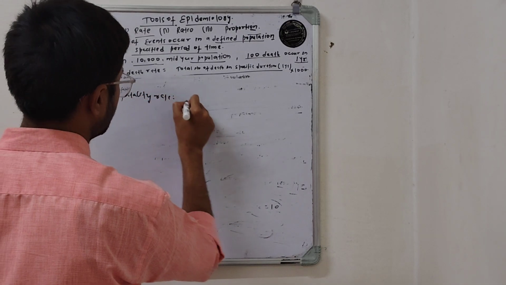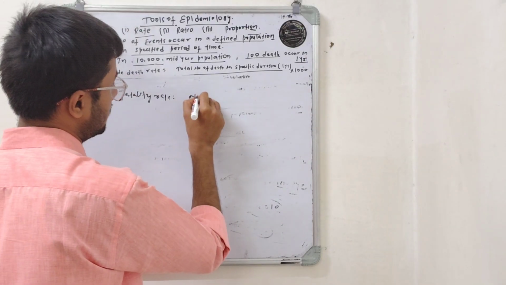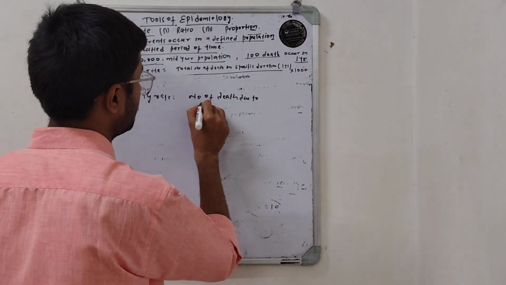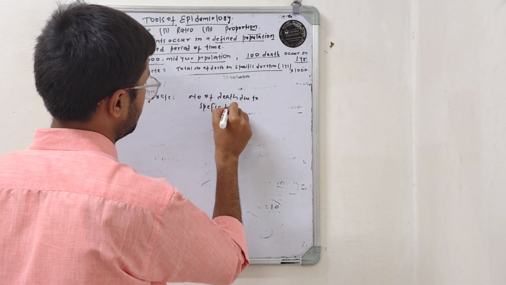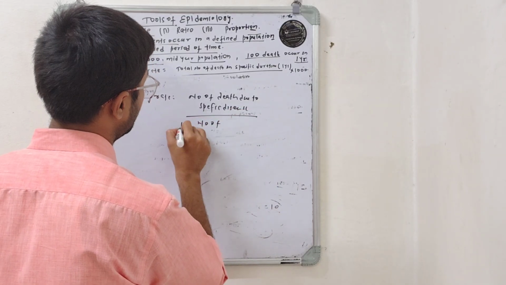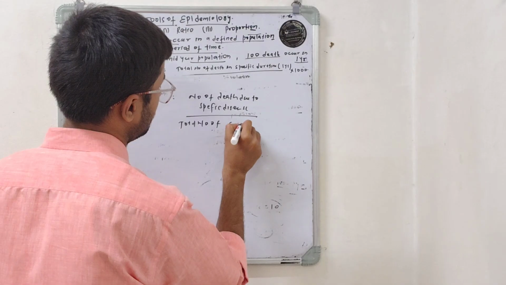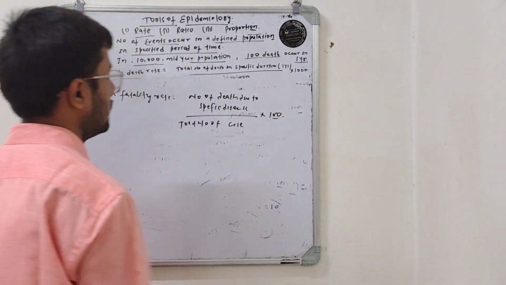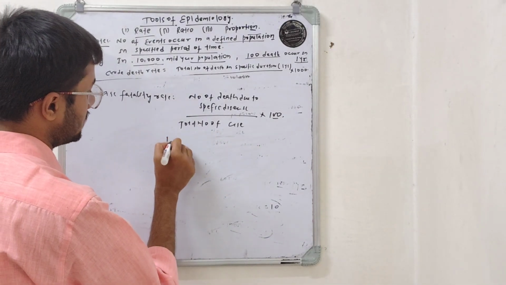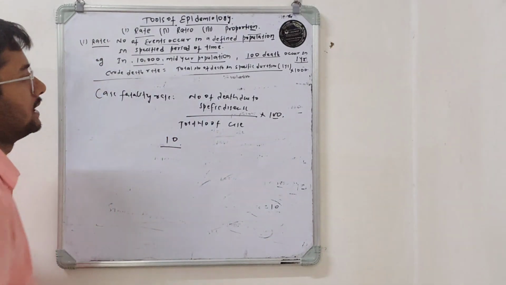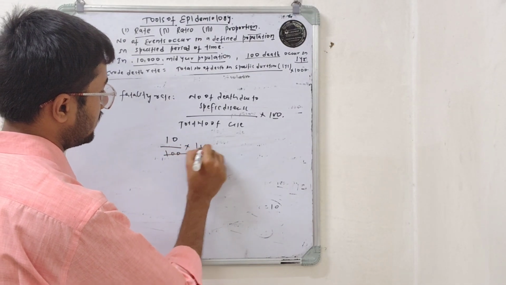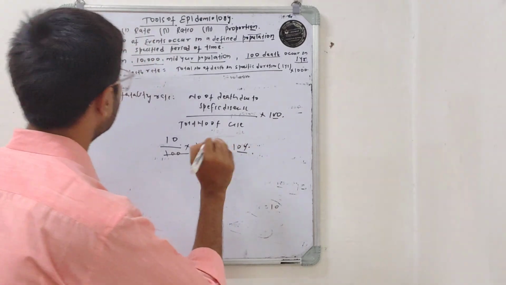Case fatality rate means the number of deaths due to a specific disease upon the total number of cases, multiplied by 100. For example, if the number of deaths due to pneumonia is 10 and the total number of cases is 100, multiplied by 100, that is 10%, the case fatality rate.